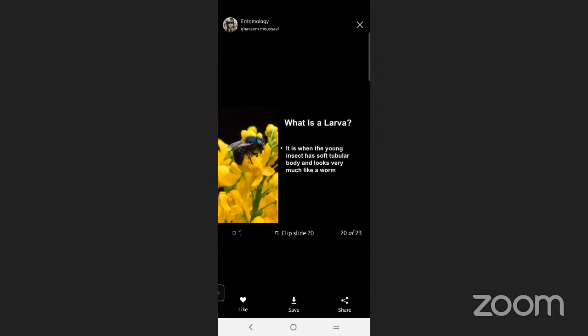Pupa is where the insect encloses itself in a shell-like structure, the cocoon, and develops inside it. Then it opens up the pupa and comes out as an adult.